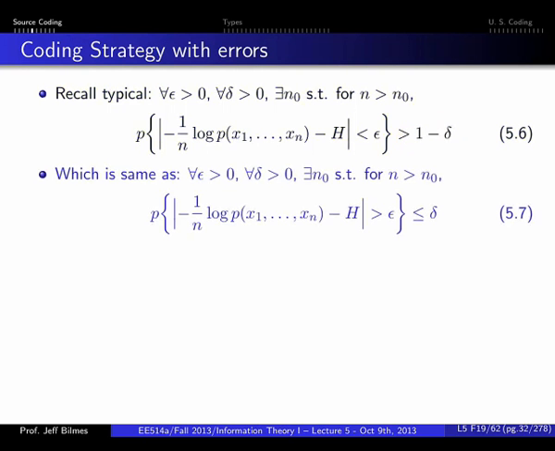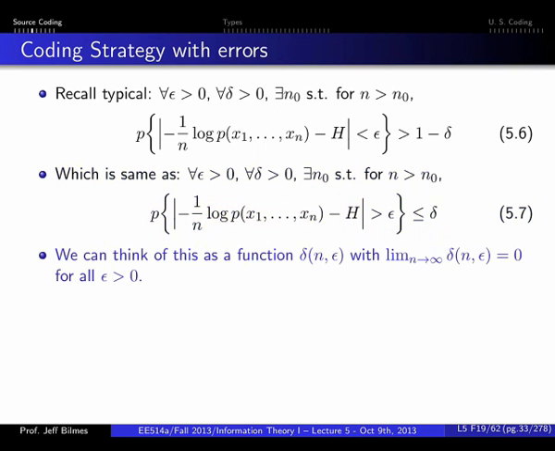And we can just flip this around and ask, what's the probability that it's epsilon away from the mean? Well, this is exactly the same thing. It's saying the probability that this quantity is epsilon away from the mean, which is the entropy, is upper bounded by delta.